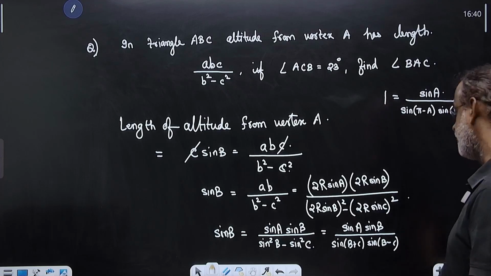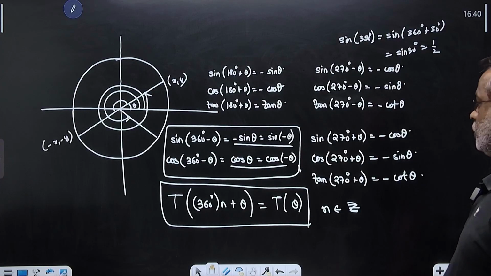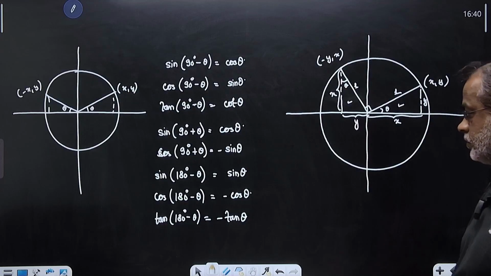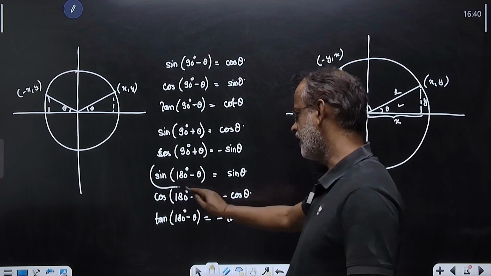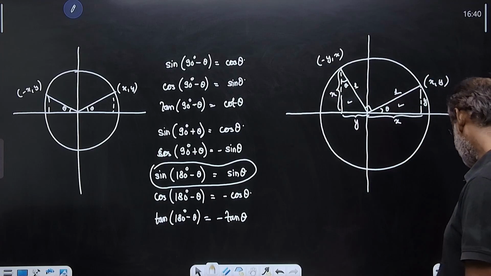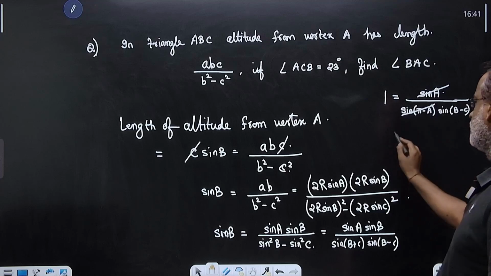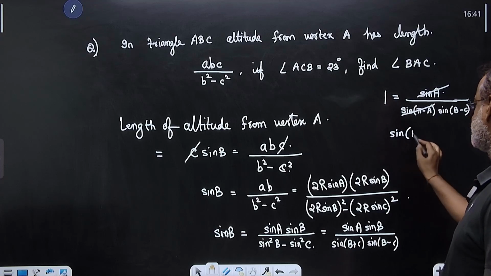And what we have read today? Sin 180 degree minus theta is sin theta. This is how formulae are required to be used. These two are equal. So, sin B minus C turns out to be 1.